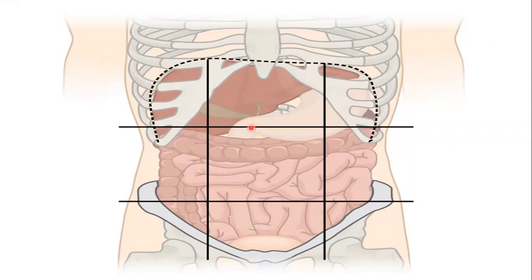Now let's talk about the another location where you can draw the superior horizontal line. The second location is called the subcostal plane, right? And the subcostal plane is lying just below the 10th rib. As you can see, this is the costal cartilage of the 10th rib. Similarly, we have this costal cartilage of the 10th rib.